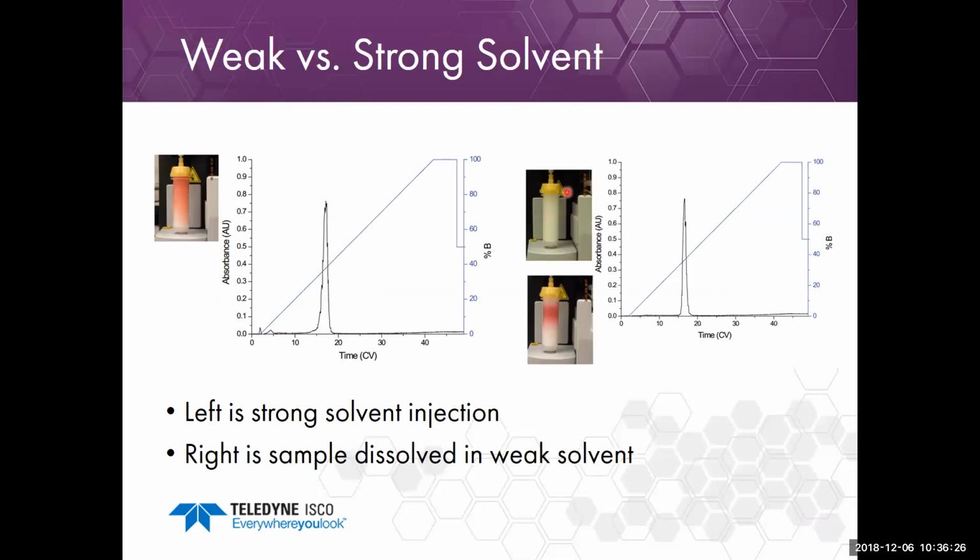In the right chromatogram, I dissolved the sample in water. After 1 column volume elution, the column still looks very nice. The sample is still underneath the cap over here. Somewhat later in the run, I get a nice tight band that's reflected in the chromatography where I have nothing eluting very early and I have much better peak shape.